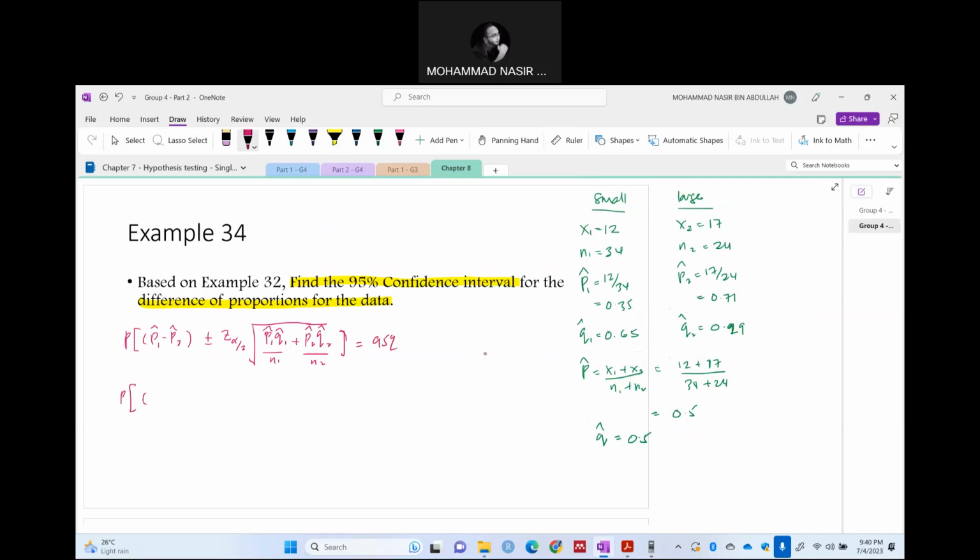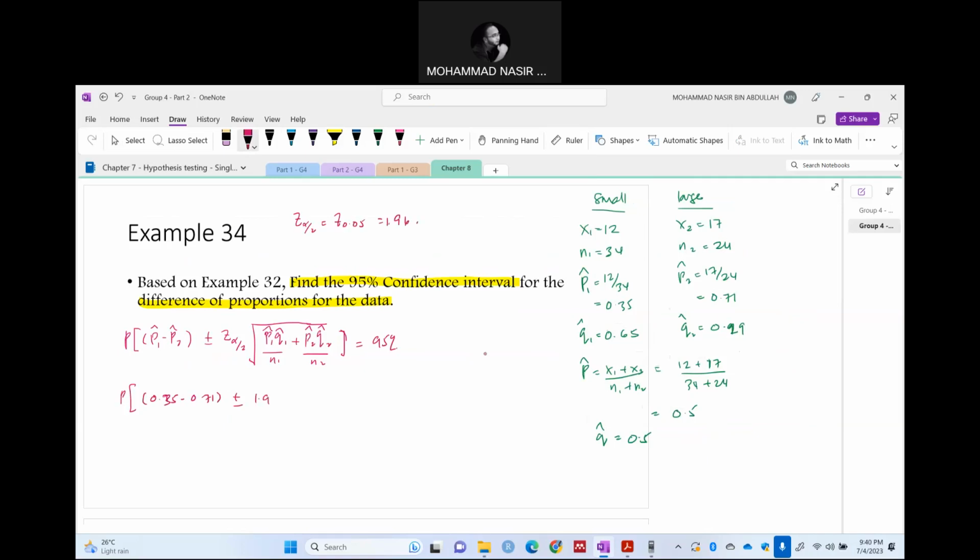Okay, so we plug the values into the formula. p1 hat is 0.35 minus 0.71, plus or minus Z alpha divided by 2, which is Z 0.025, 1.96.